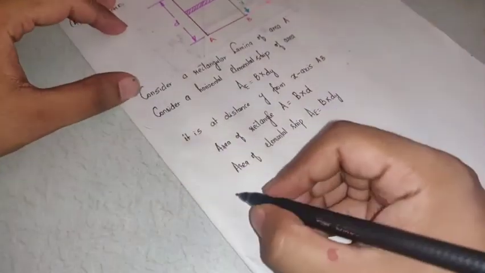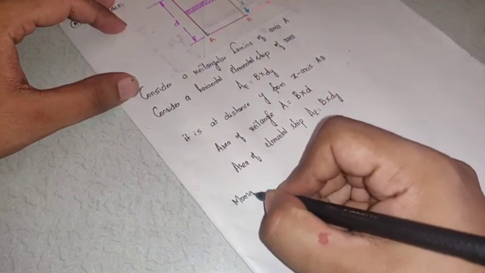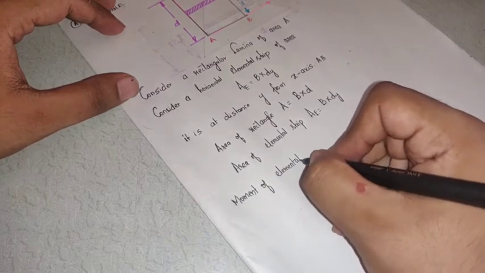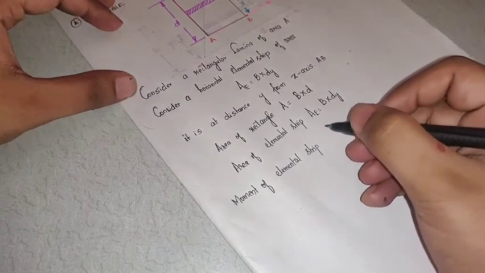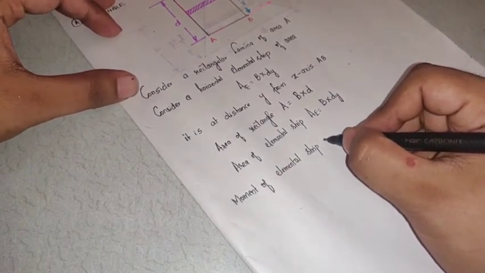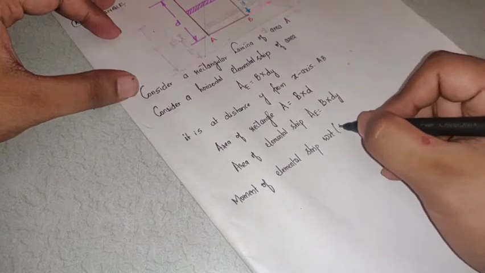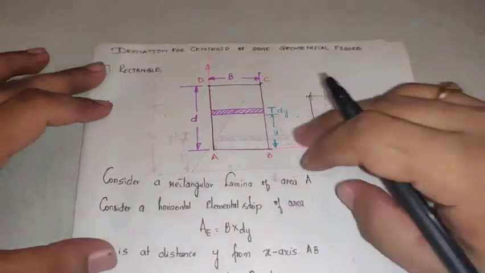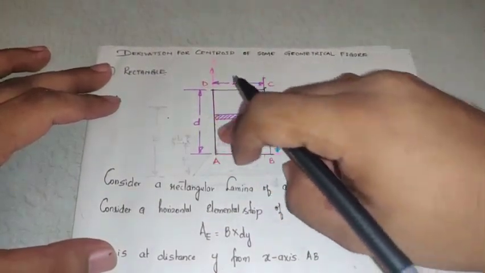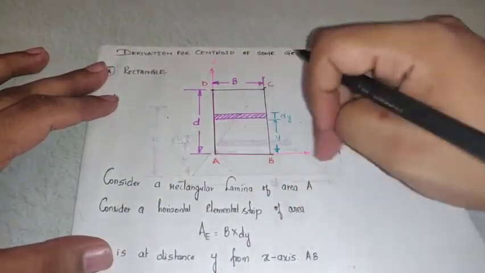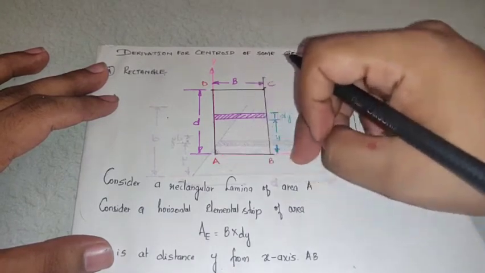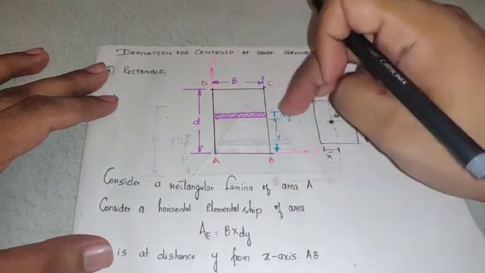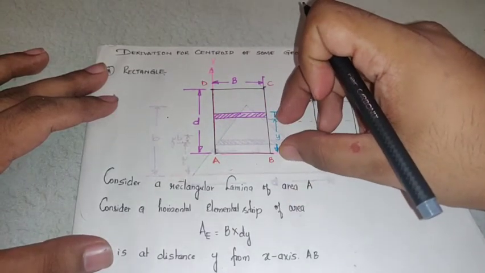Now if I take the moment of the elemental strip with respect to the x-axis, how will this object rotate? The force, or area, is B into dy, and its lever arm is y.